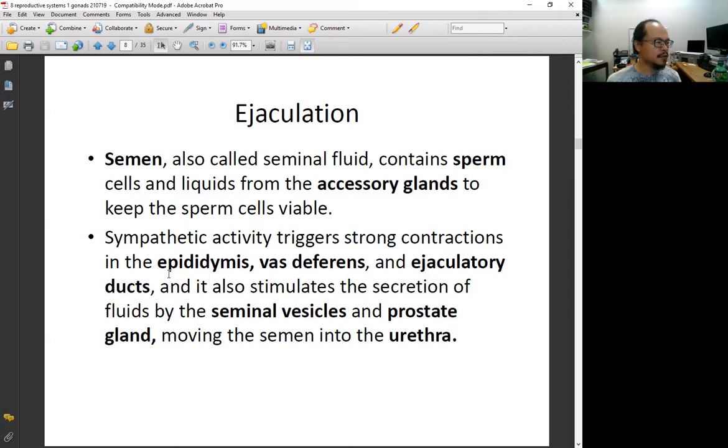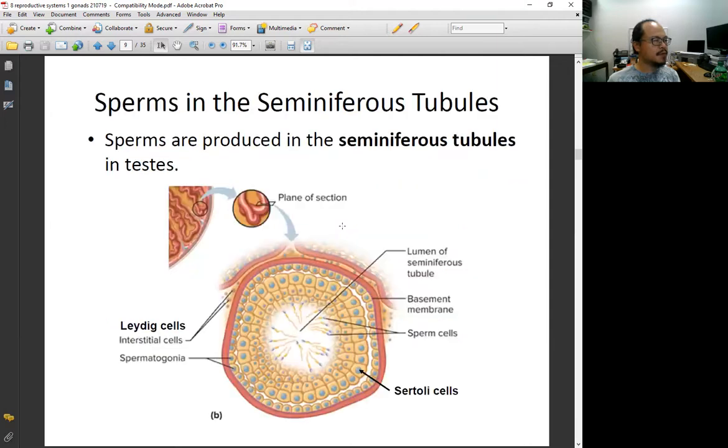This muscle will propel the sperm in the epididymis, vas deferens, and the ejaculatory ducts, to propel the sperm moving through the urethra into the female's vagina. So that's basically the gross anatomy and their function.